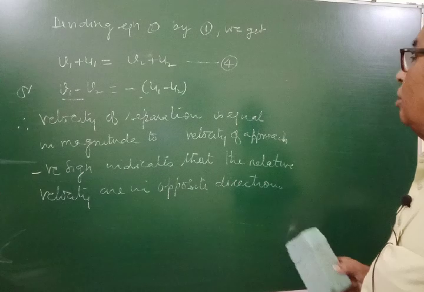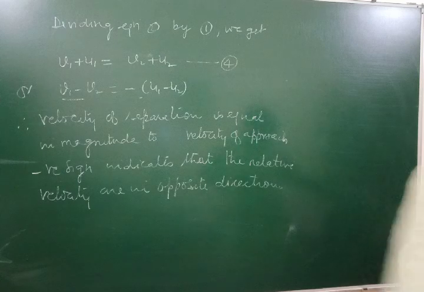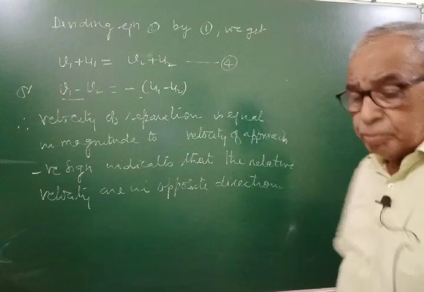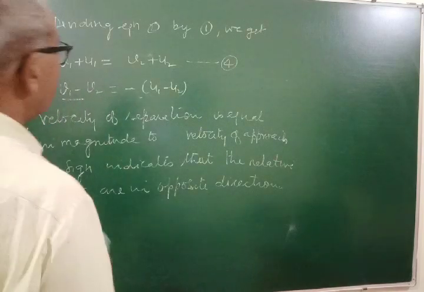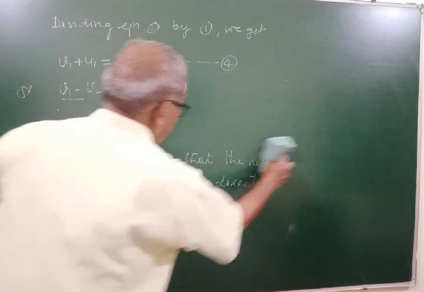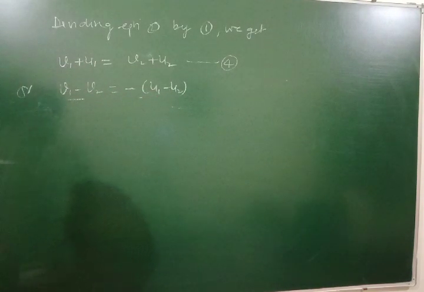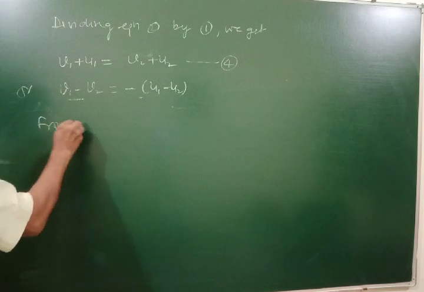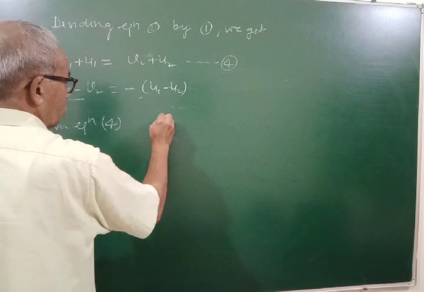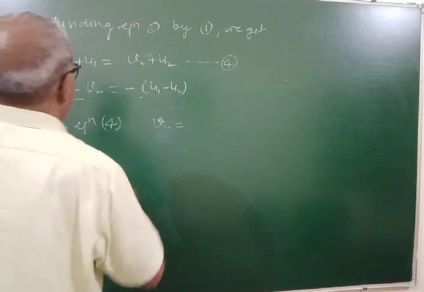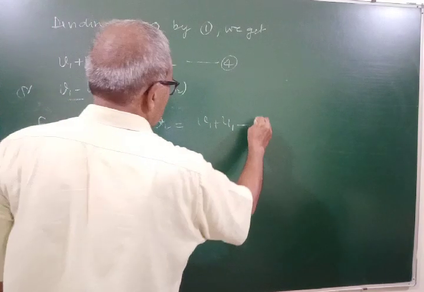This is the meaning. Now, our aim is to find the values of V1 and V2 in terms of U1, U2, M1, M2. Now from equation 4, V2 is equal to V1 plus U1 minus U2.